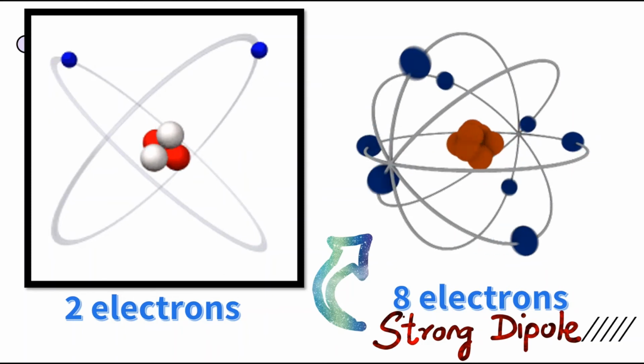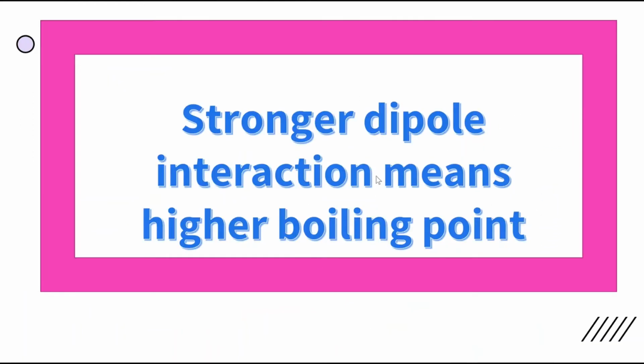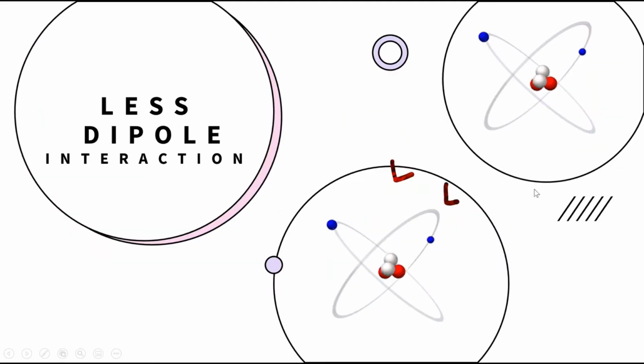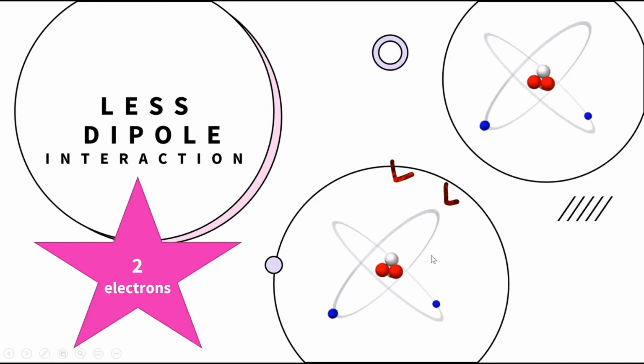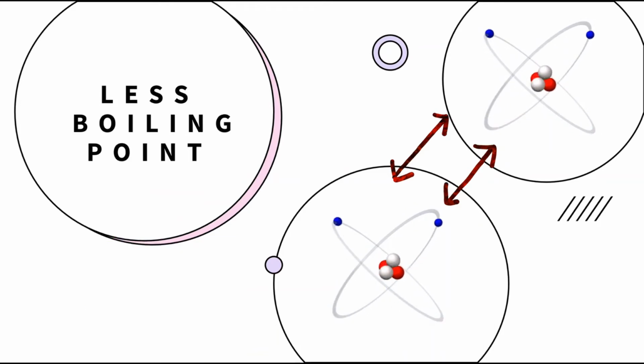So we can see here that stronger dipole interaction means higher boiling point. How? For example, helium has only 2 electrons, and hence less imbalance of electrons and less dipole interaction, so it will have a lower boiling point.